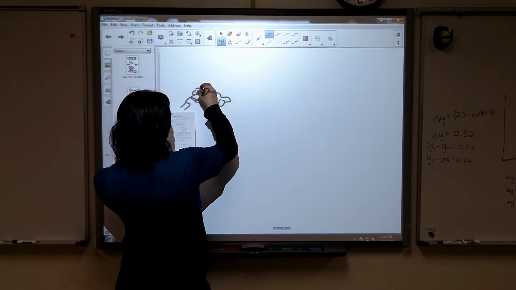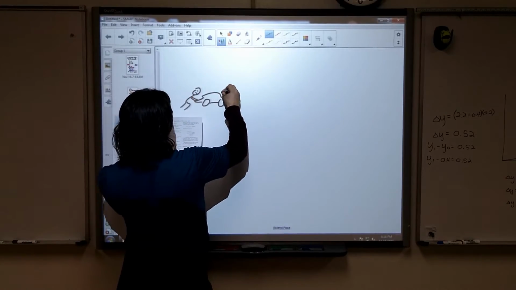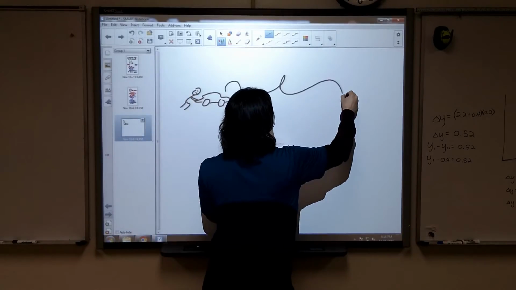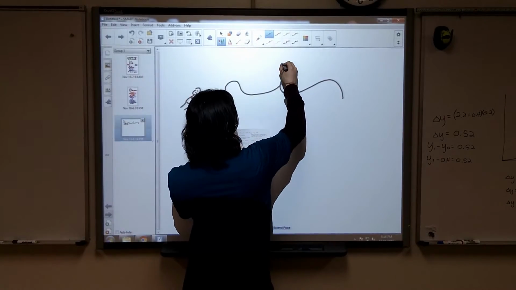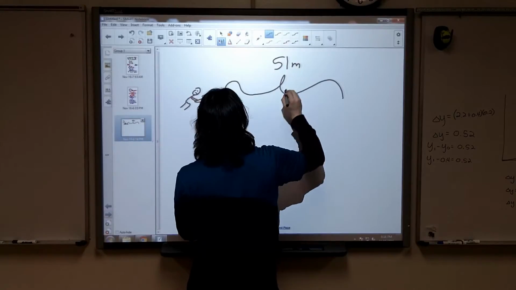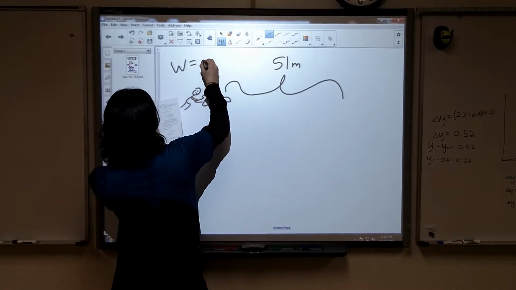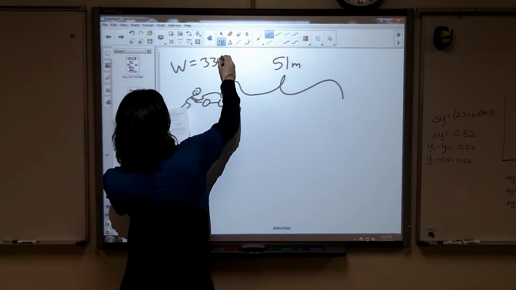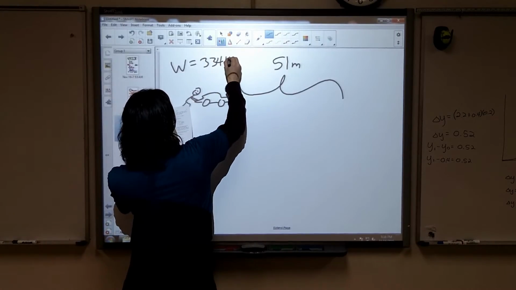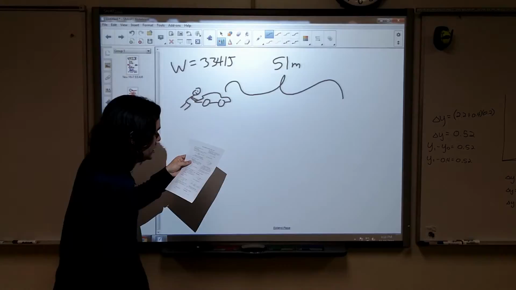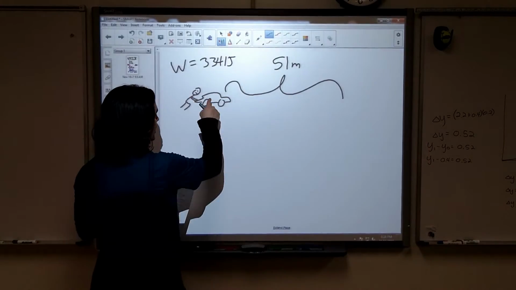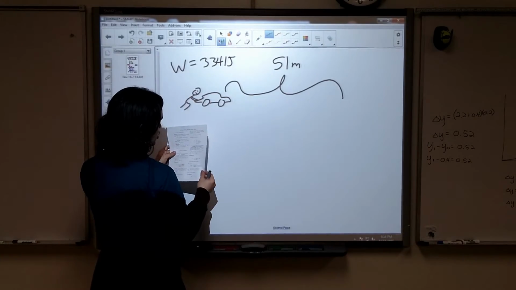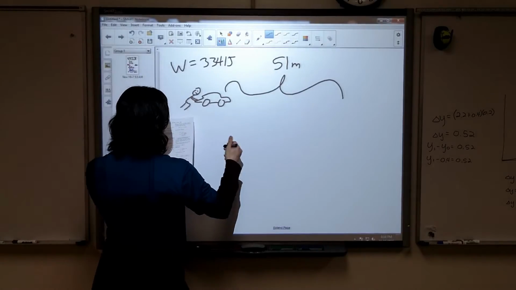Okay, but the mechanic is pushing on the car, and pushes the car some distance, in my numbers, 51 meters. They tell us that the work that the mechanic did is equal to 3,341 joules. That's how much energy the mechanic has transferred into the car by pushing on it over some displacement.